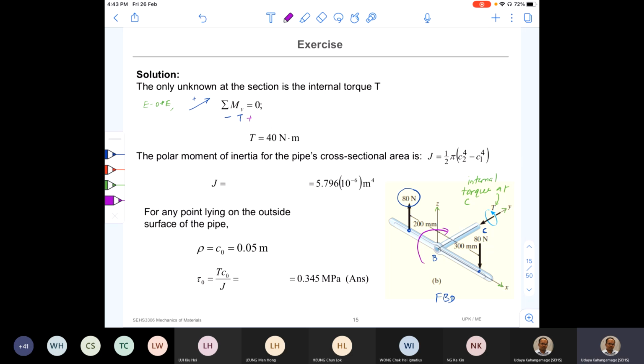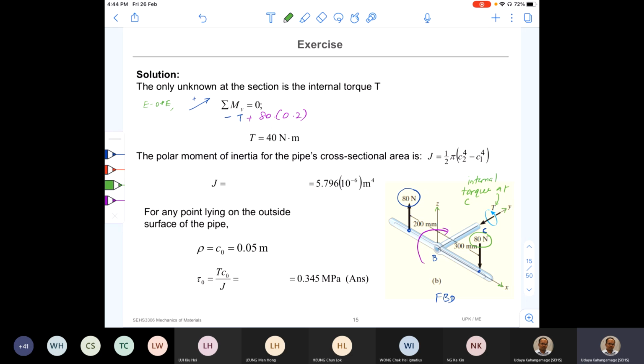What is the size of the torque? Force times the distance. Okay, 80 times the distance, which is 200 millimeters. Therefore it is 0.2 meters. Right, and then take the second one, 80 Newton here. So again, is it a positive or negative moment?